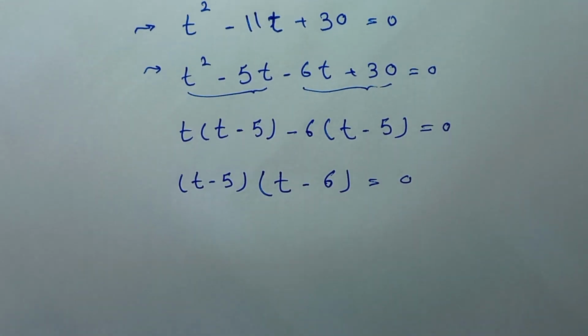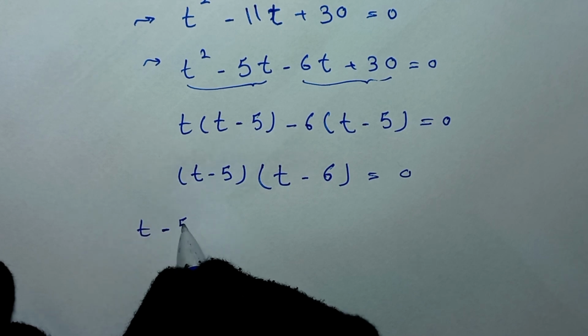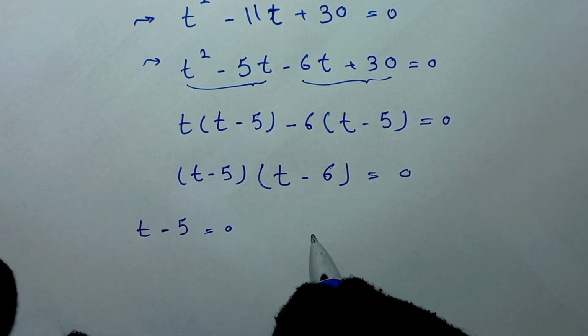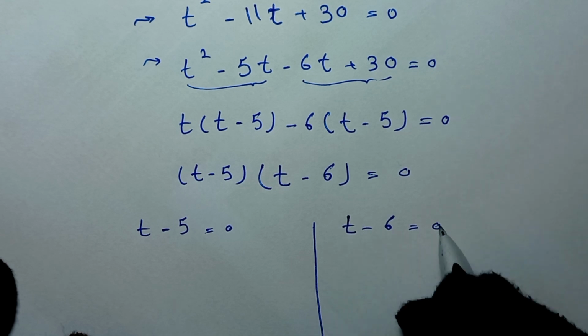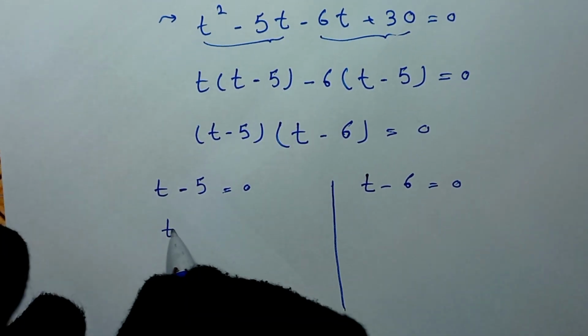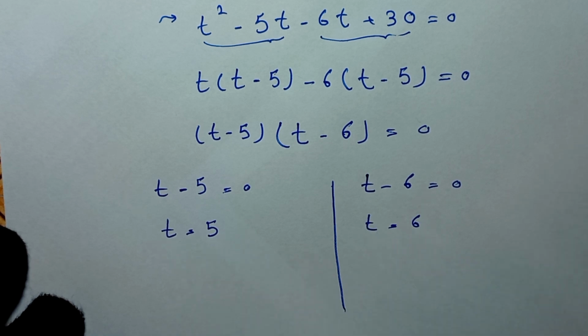In here we have two solutions for t. T minus 5 is equal to 0, and t minus 6 is equal to 0. From here t is equal to 5, and from here t is equal to 6.